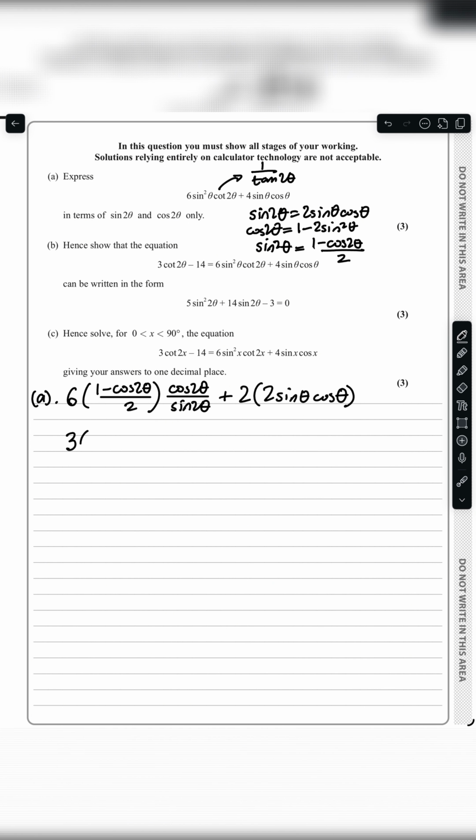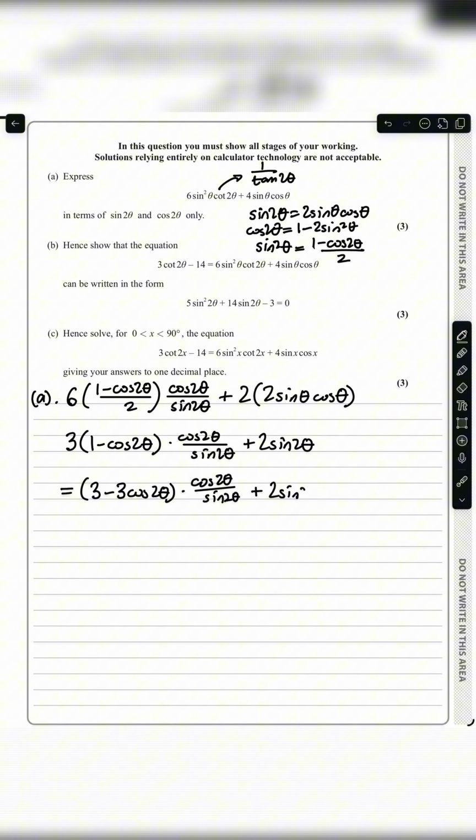So we have 3 multiplied by 1 minus cos 2 theta times cos 2 theta all over sine 2 theta plus 2 sine 2 theta. So the final answer is 3 minus 3 cos 2 theta multiplied by cos 2 theta all over sine 2 theta plus 2 sine 2 theta.